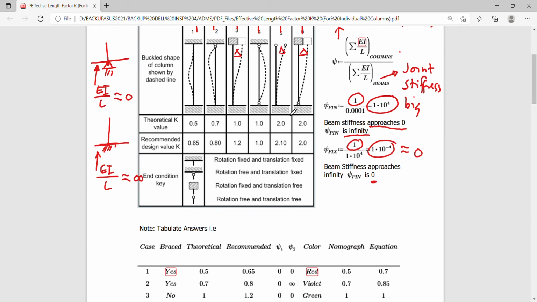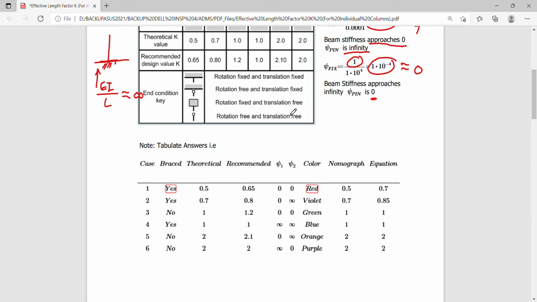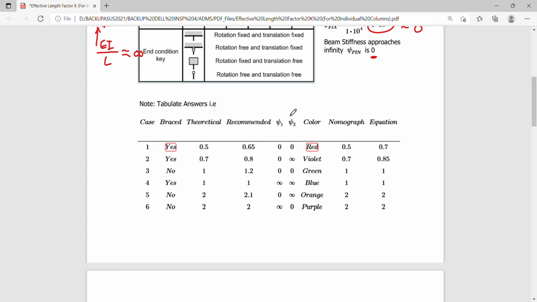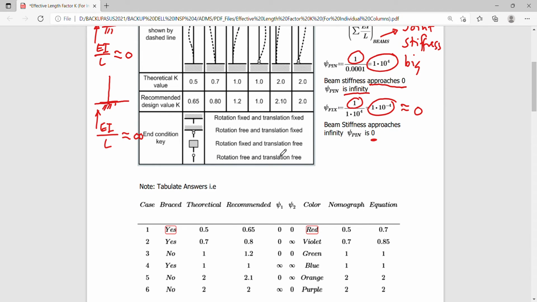So we also tabulated the theoretical K value and the recommended design value for K, which are here on this table. The psi of the individual columns are also tabulated. For case 1, this is a fixed-fixed case, so we have 0, 0 for psi 1 and psi 2.